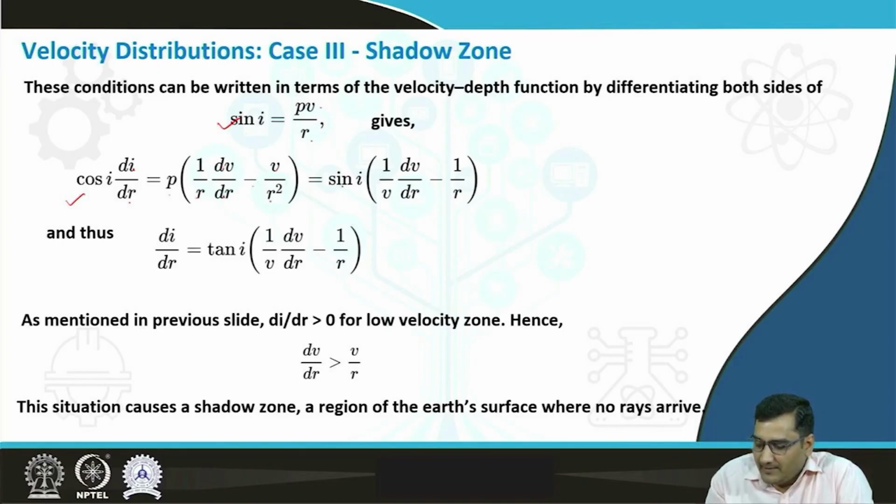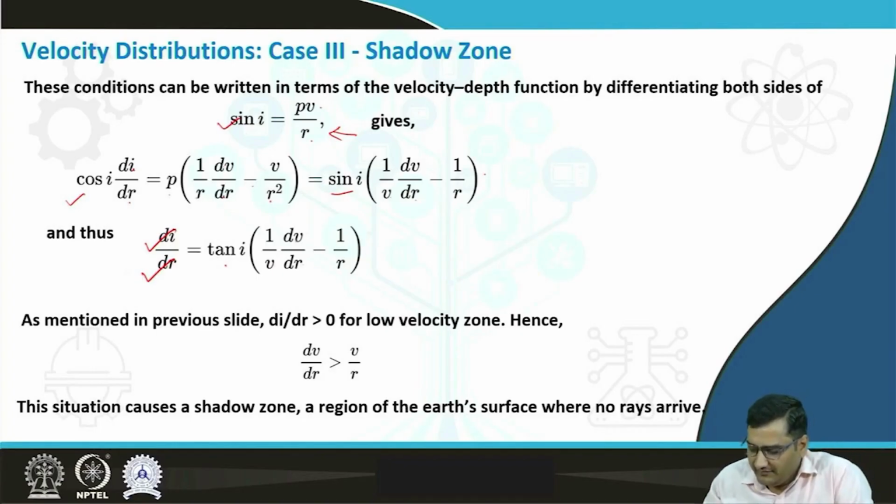Further, if we calculate from there, that will become sin i times 1 by V dV by dr minus 1 by r, and thus di by dr is equal to tan i times 1 by V dV by dr minus 1 by r.